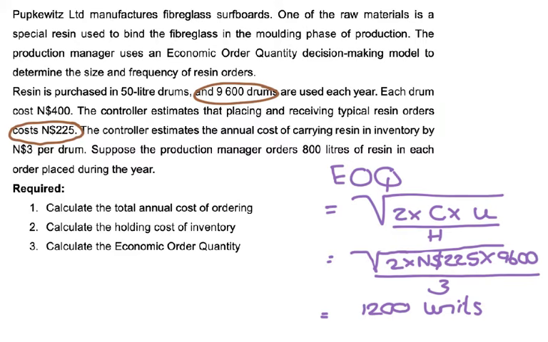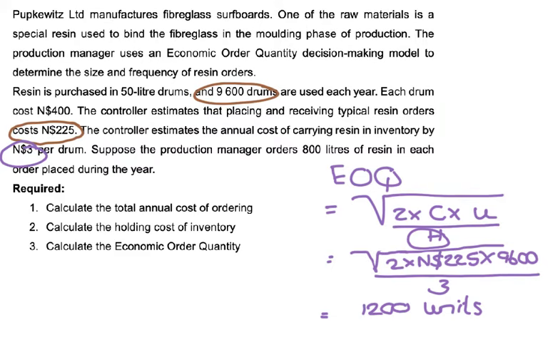So the U is for annual usage, plug in the 9,600 and then divide it by the holding cost. And the holding cost I had as $3 per drum. Okay, divide by holding cost. If you do this calculation, and then if you have your answer, just press the square root on your calculator, and then you will get to 1,200 units.